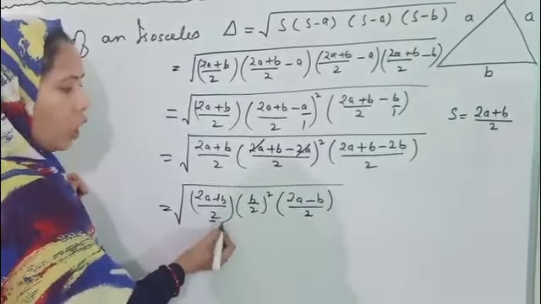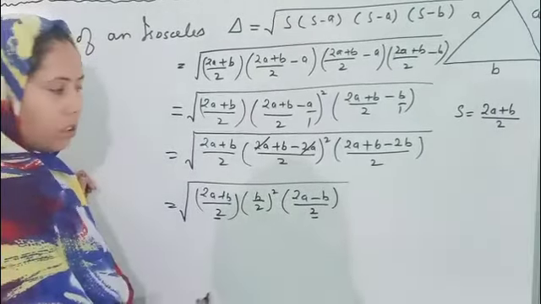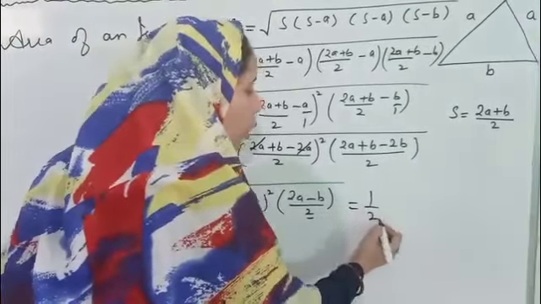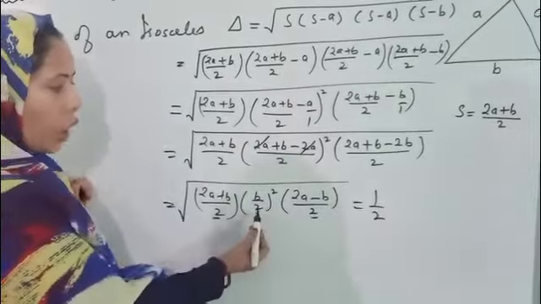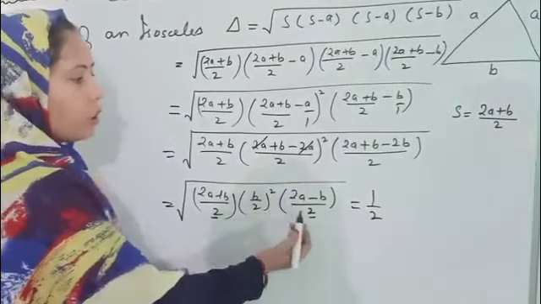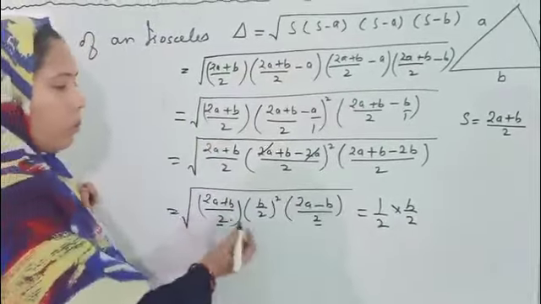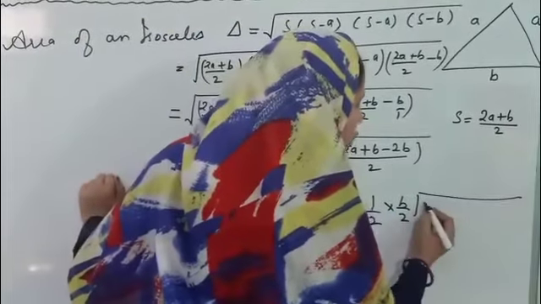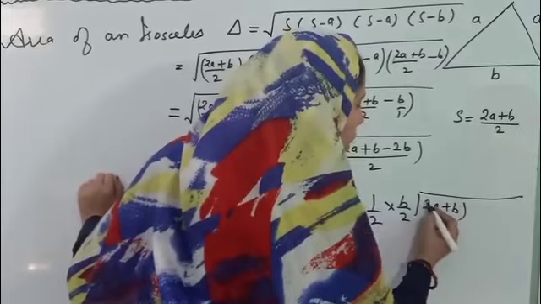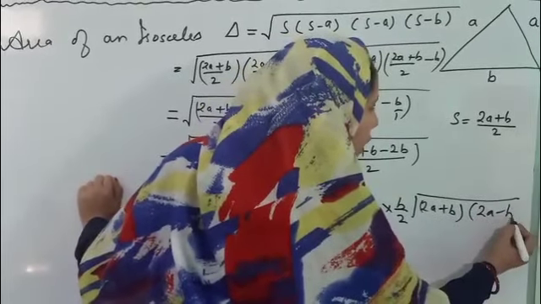Now look, in the denominator we have 2 2s, so it will become a square. So 1 upon 2 comes outside the root. Now b upon 2 whole square, the square root cancels the square, so b upon 2 will come out, and inside the root we have only 2a plus b and 2a minus b.